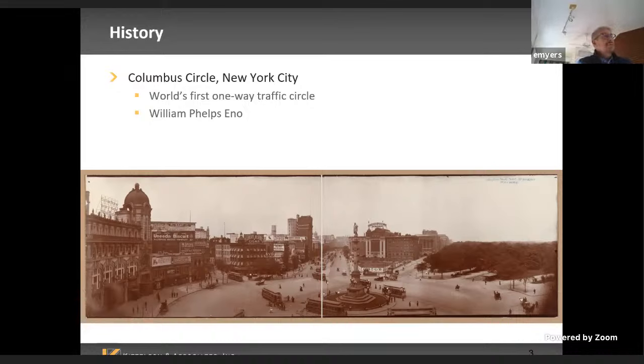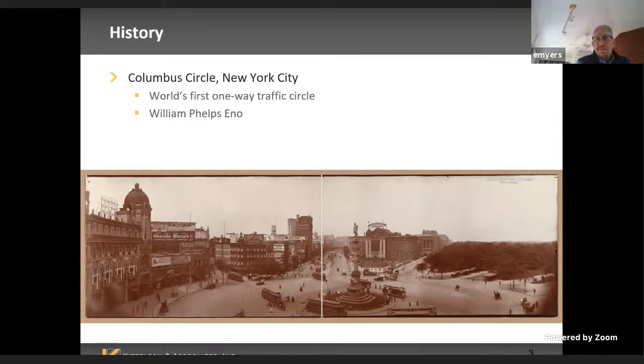But anyways, I'm going to talk a little bit about the history of circles and roundabouts. The first circular intersection in the United States is Columbus Circle in New York City, which, if you've been to New York City, is at the south end of Central Park. It was designed by William Phelps Eno as a way to get access to the park.